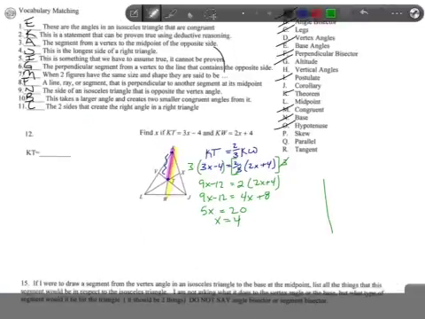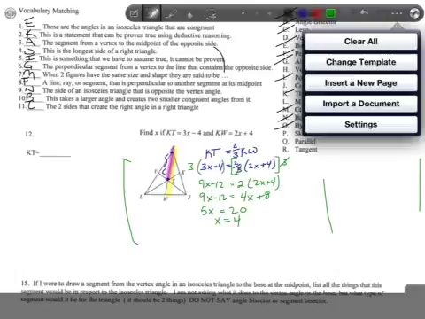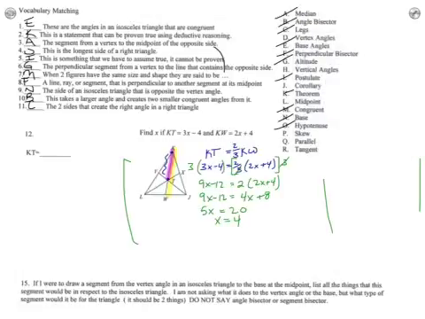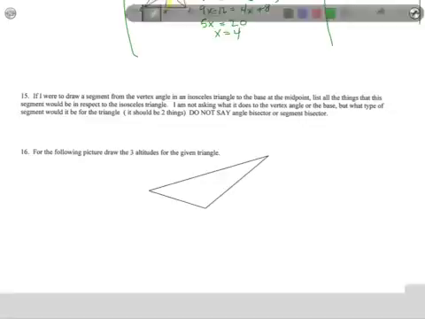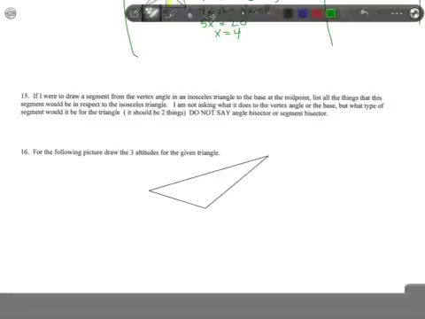Going on then to number 15. It says if I were to draw a segment from a vertex angle in an isosceles triangle to the base at the midpoint, list all the things that this segment would be in respect to the isosceles triangle.